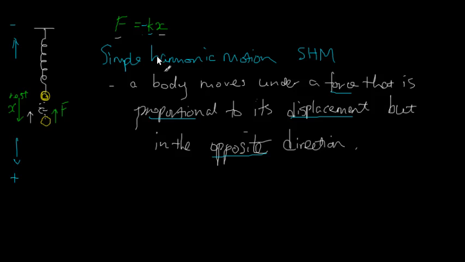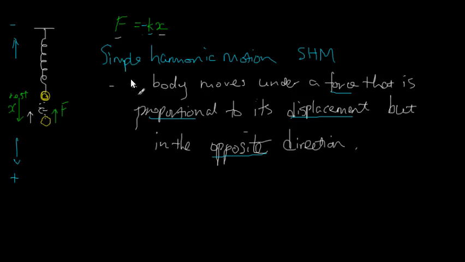So it is important to understand how this equation can come from this definition of simple harmonic motion, and conversely how the equation can give the definition. One is the same as the other. Okay.